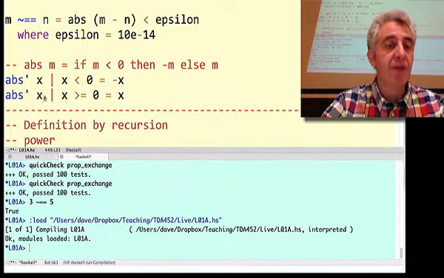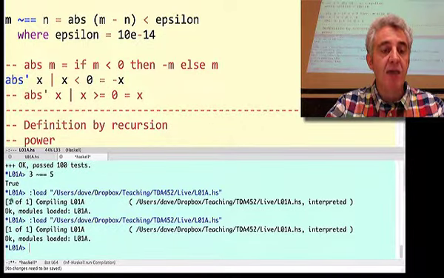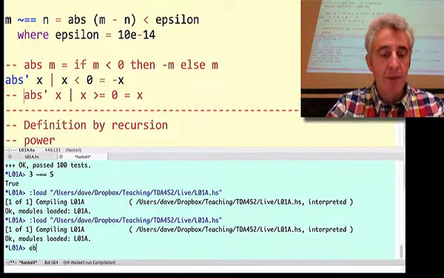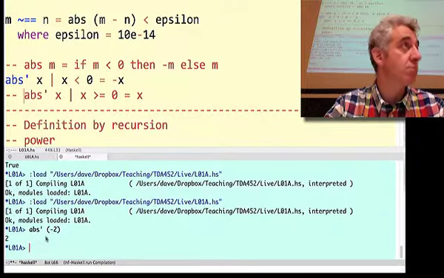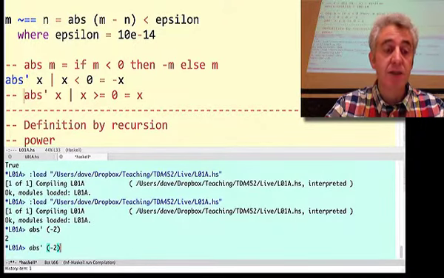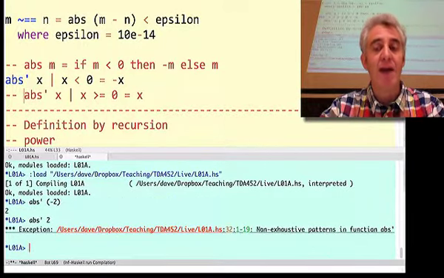We could just have the first line, so let me comment out the second line. I can compile that, and I can apply abs prime to -2, and I get 2, so it does work, but if I try and apply it to a positive number, I get an error.